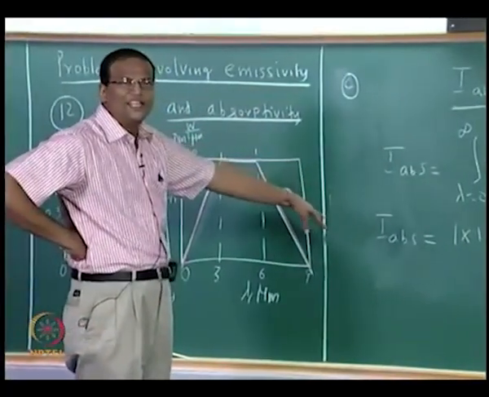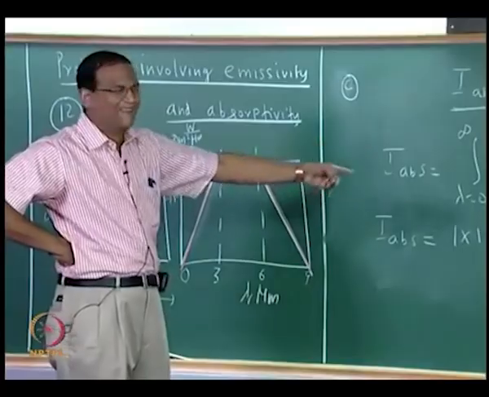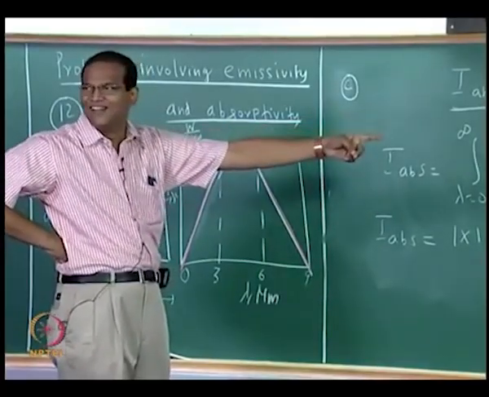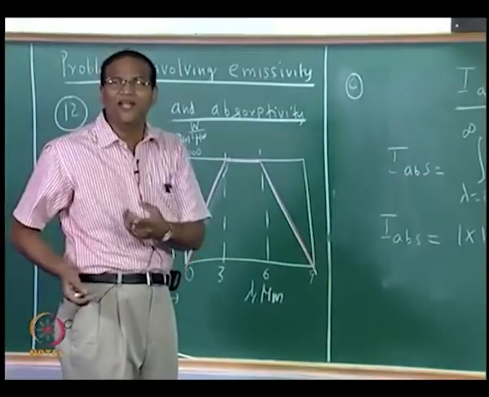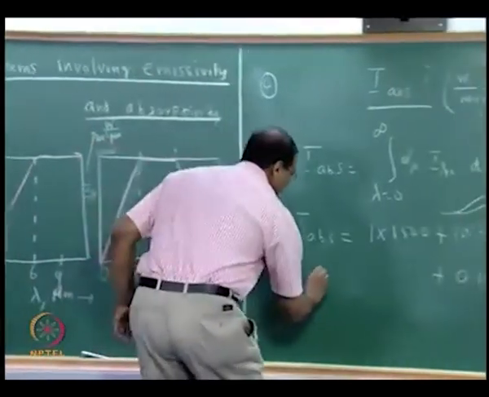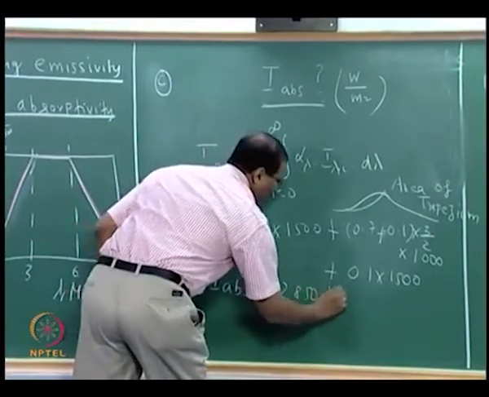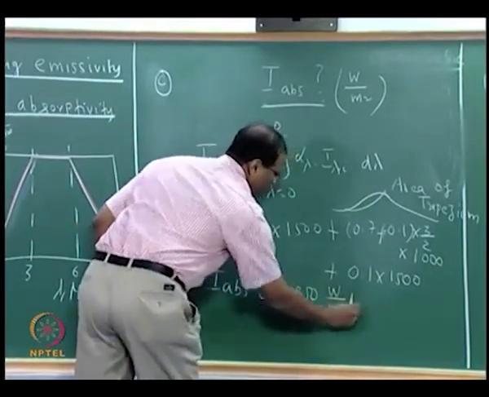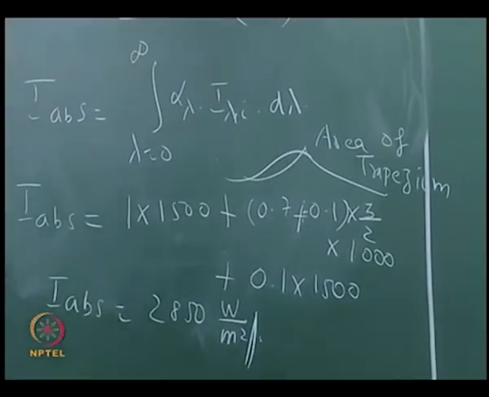Finally, if you do all this integration and you get an answer more than 6000, then we have to stop and go home, because incident itself is 6000. Okay. So then I am happy. 28? Okay, very good. So we are getting some decent value, 0.4 something, okay, fine.